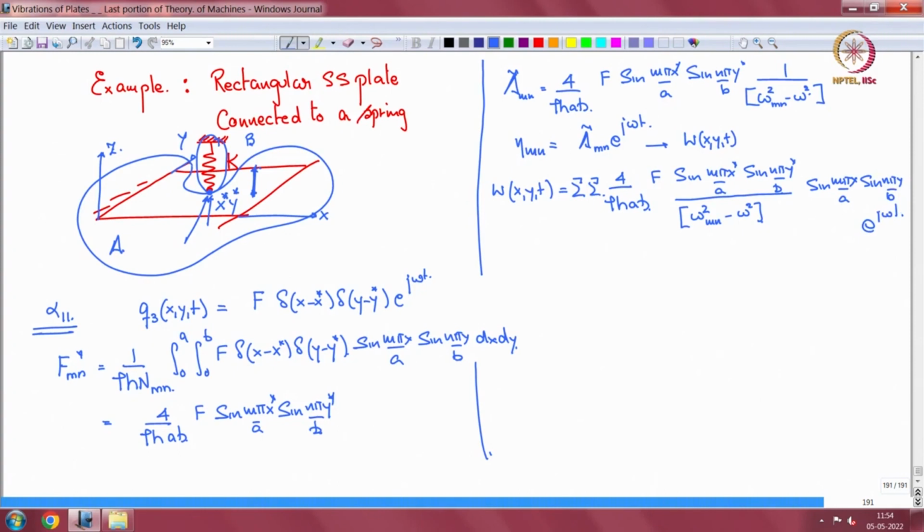So that is the response, which is small x a1, let us say. Then we have the force.